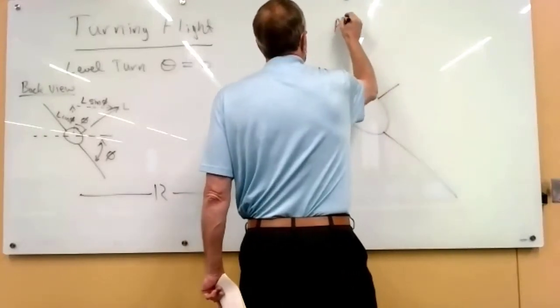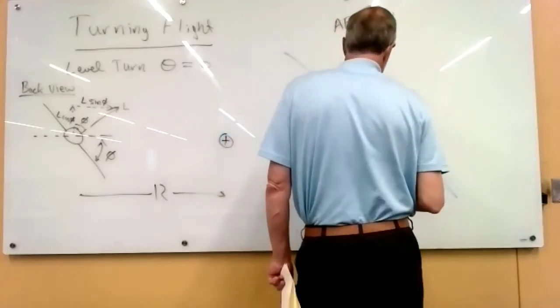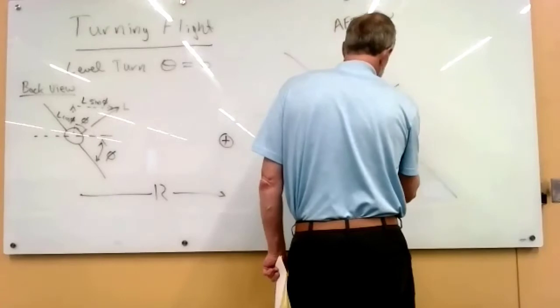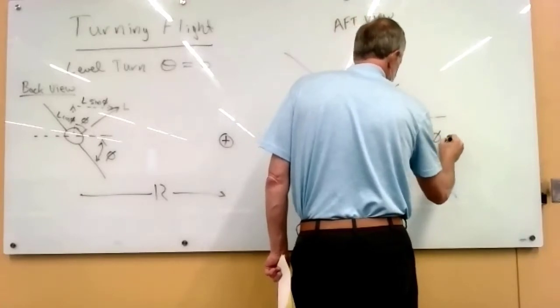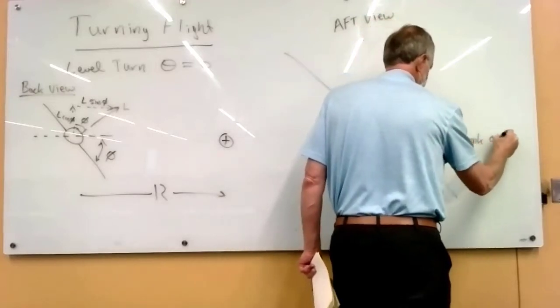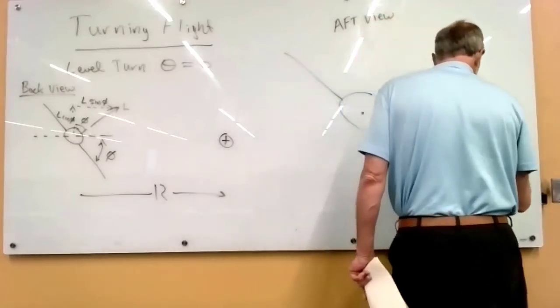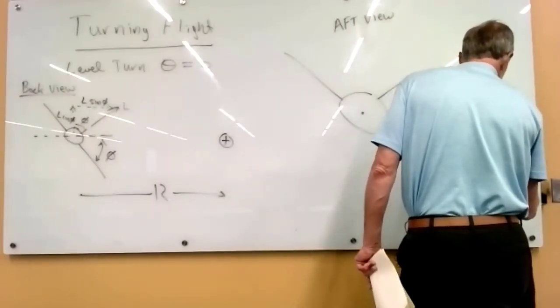Still an aft view. This is the bank angle phi. Positive right wing down.